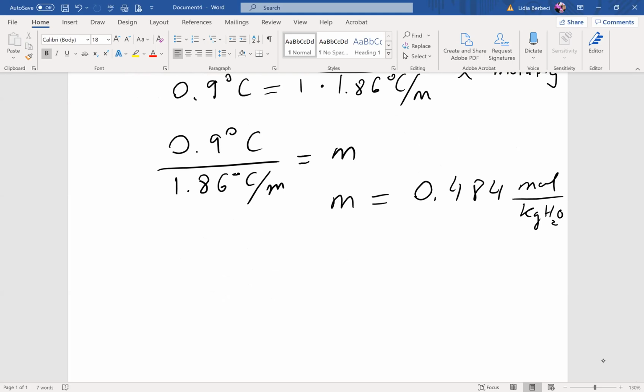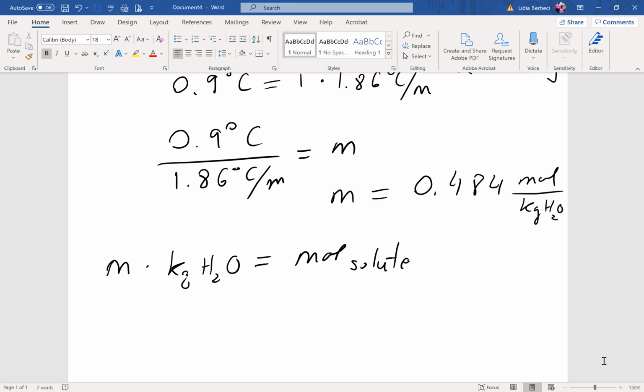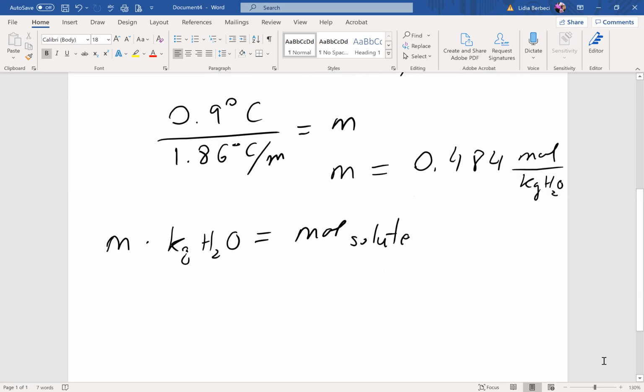So using molality, if I take molality times kilograms of solvent, which is the water, we can find moles of solute. You were given in the data the grams of the water. The grams of the water given in the chart was 16.345. That's how much was measured in the video and given to you.